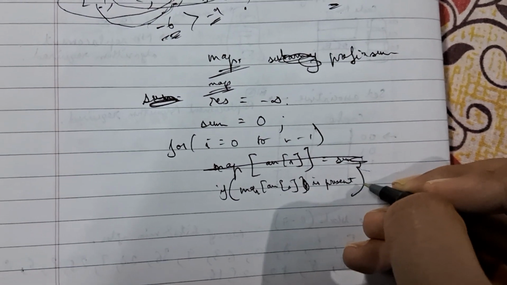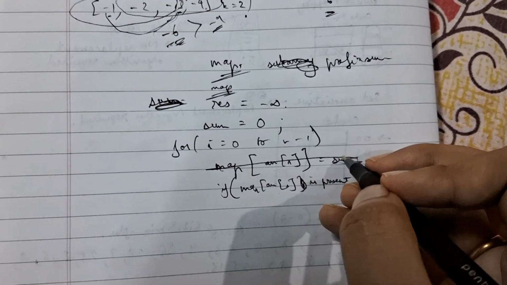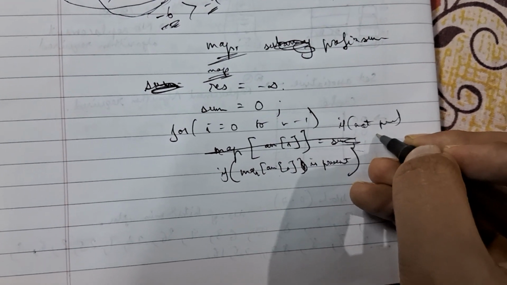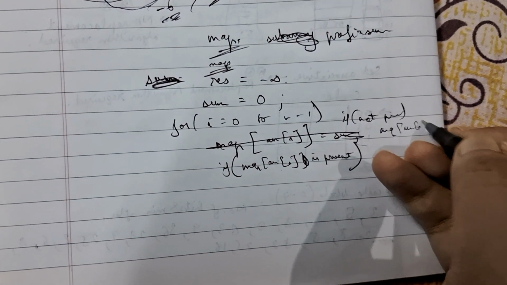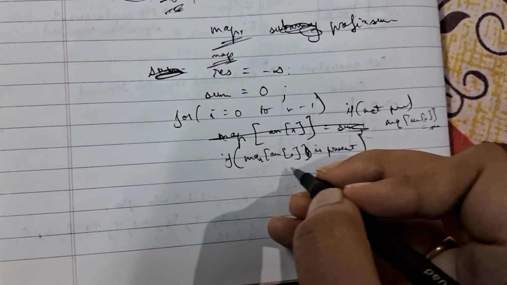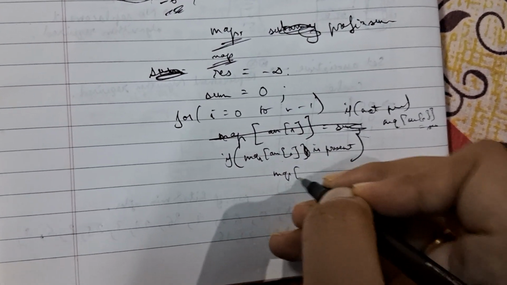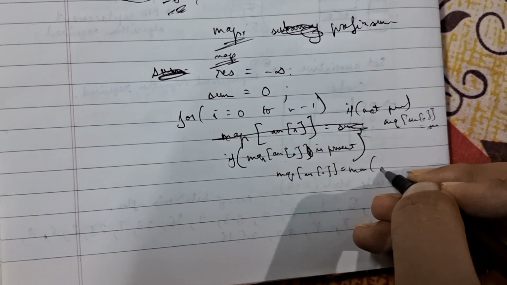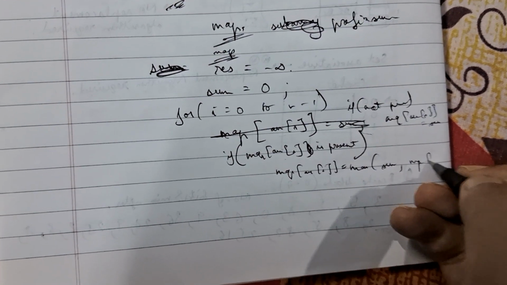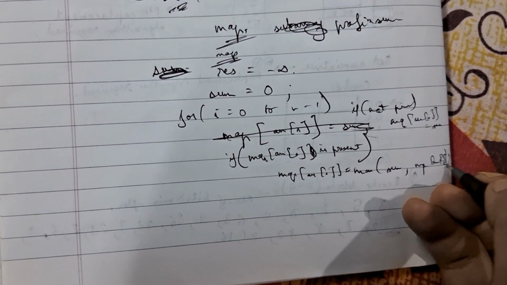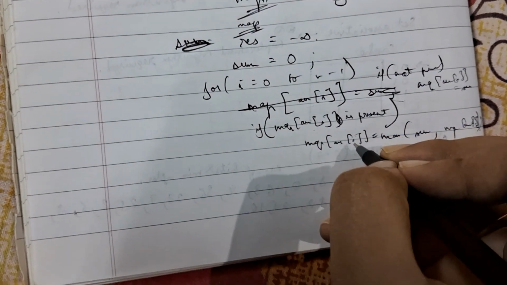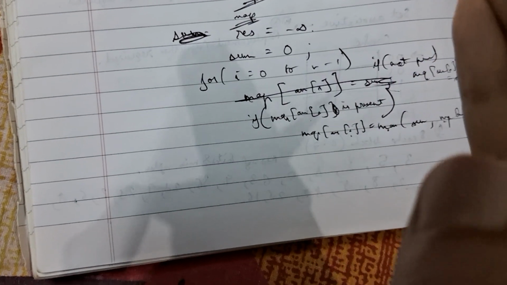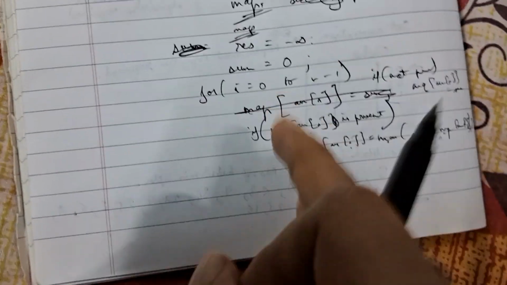If it is not present, directly map of AR of I is equal to sum, and if it is present, then map of AR of I is equal to the maximum of map of AR of I comma sum. So whatever is the current sum or whichever was the previous one.